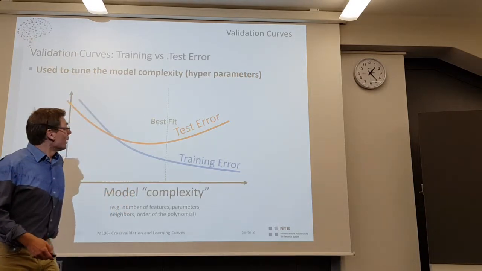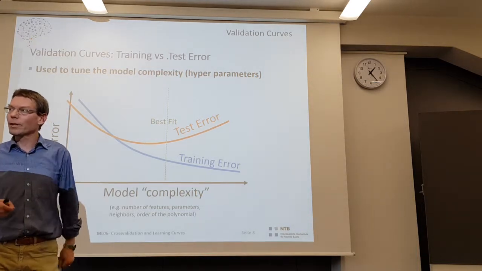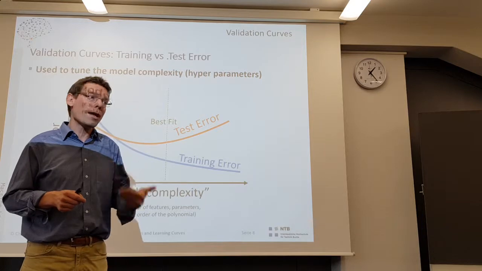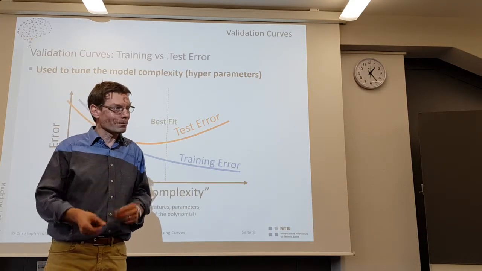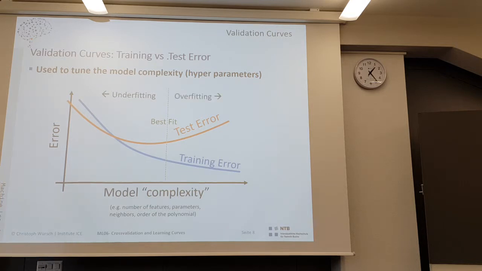Okay. And the complexity we can control over hyperparameters, as we will see. For a regression example, if we add a penalty which is proportional to the length of the parameter vector, we can put a weight on this penalty. When we have high bias, this we call underfitting.